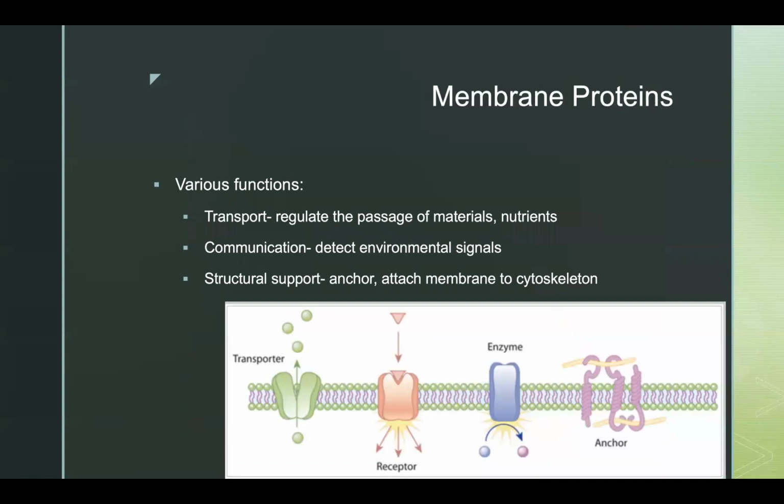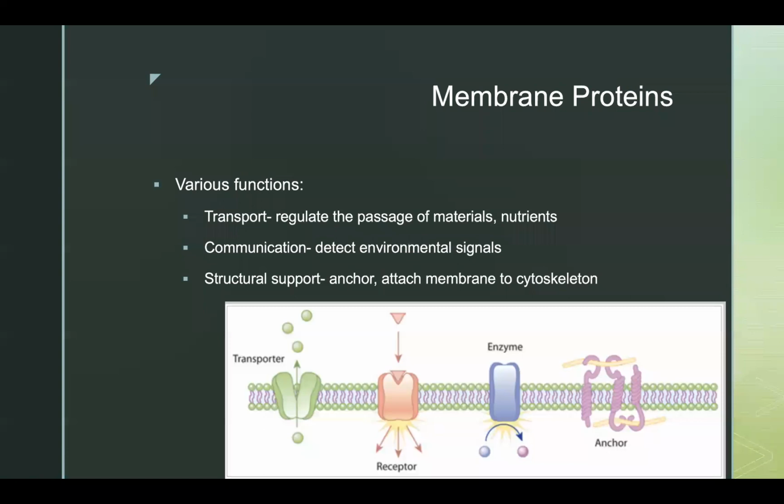So I mentioned that the cell membrane is made up of phospholipids, and it also has proteins embedded throughout the membrane. Those proteins have a number of functions that are essential for the cell. I mentioned transport.